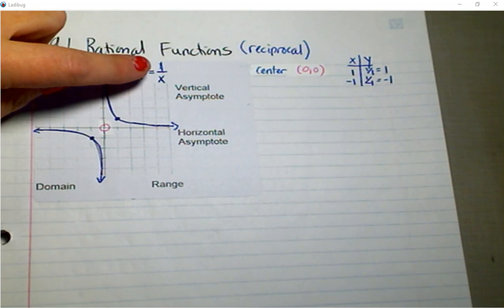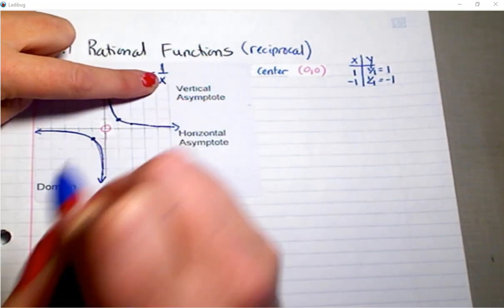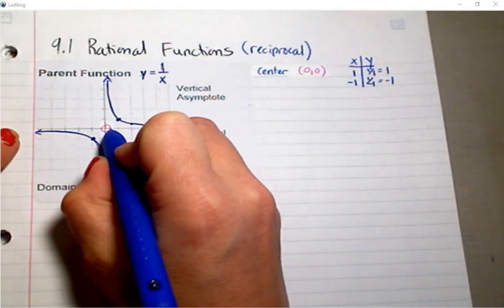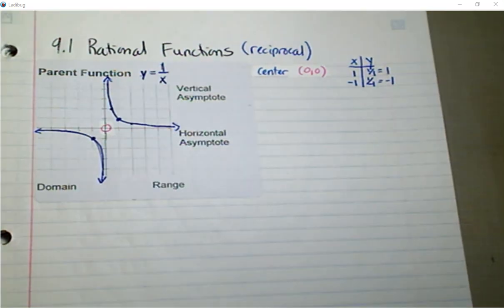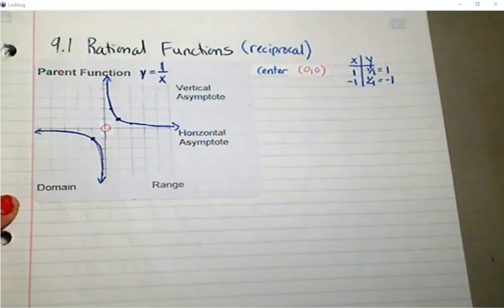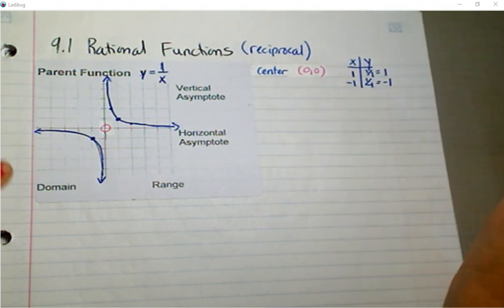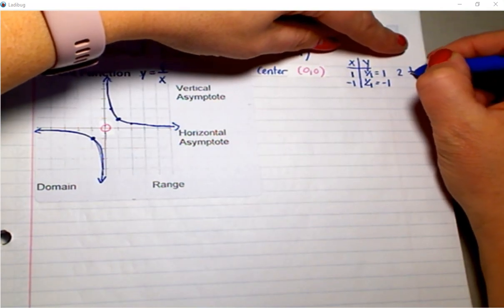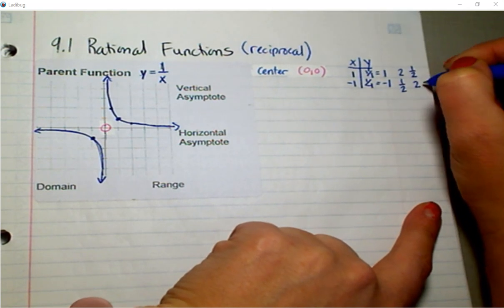Something else you could note is if I plugged in 2, I would get 1/2. If I plugged in 1/2, I would get 2. So we've got some very similar points here that we could also address. Usually these two are enough, but you can also add a couple other points: (2, 1/2) and (1/2, 2).